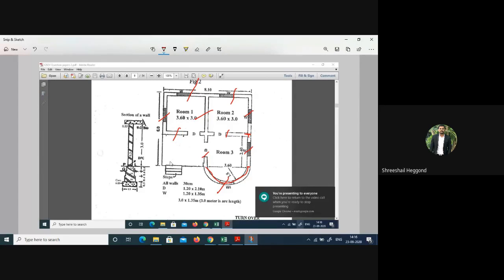Only the external veranda is there, but it is constructed up to the plinth level. The footing will be the same for that also. Here the wall is not there, only construction up to the plinth level. Therefore, you need to consider this wall as well as this footing up to the plinth. There will be no wall, but up to the plinth level you have to do the execution.